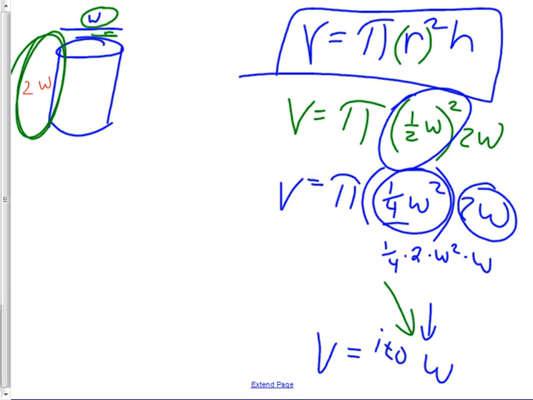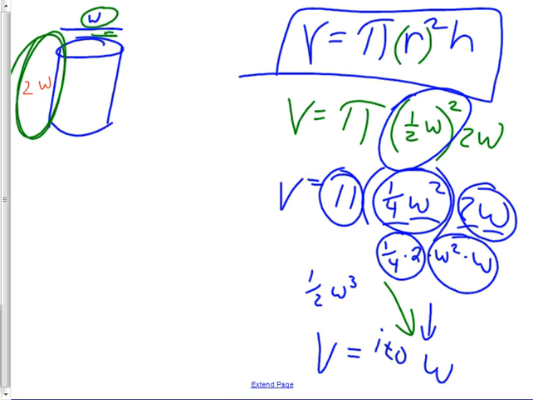I put the 1/4 first, then I put the 2, then I put the W squared, then I put the W. And that helps you clump it together and say that's really 2/4, which is 1/2, W cubed, and a pi. 1/2 pi W cubed. If you had W cubed pi, that'd be fine.